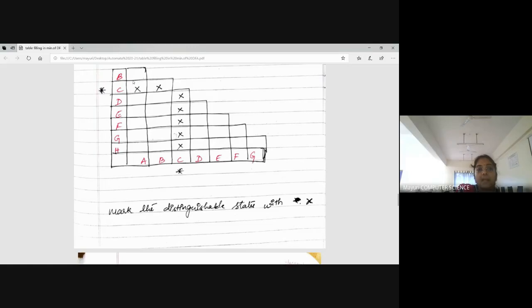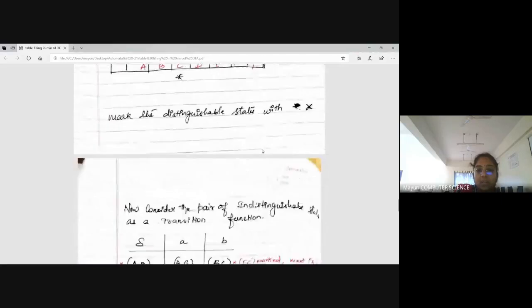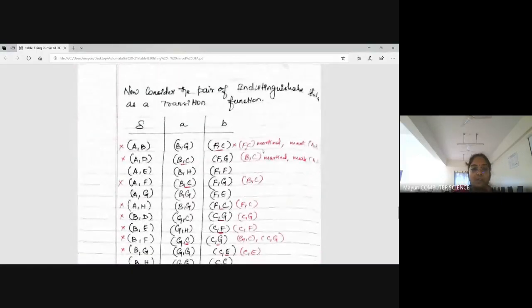So AB is a pair, AD is a pair, AE, AF, AG, AH. Then BD, BE, BF, BG, BH. DE, DF, DG, DH. Like that EF and then this G. Can you see that here below? I have taken the pair of indistinguishable states within the table.